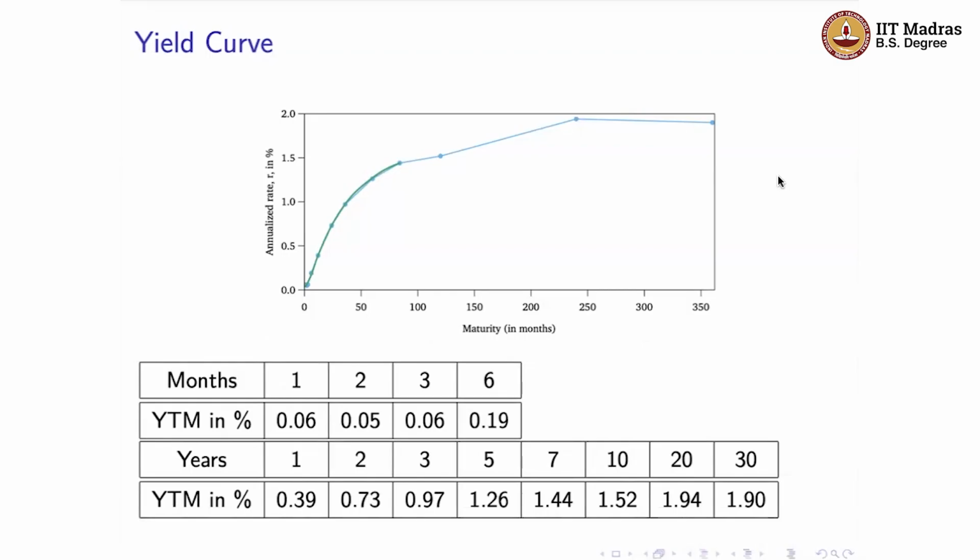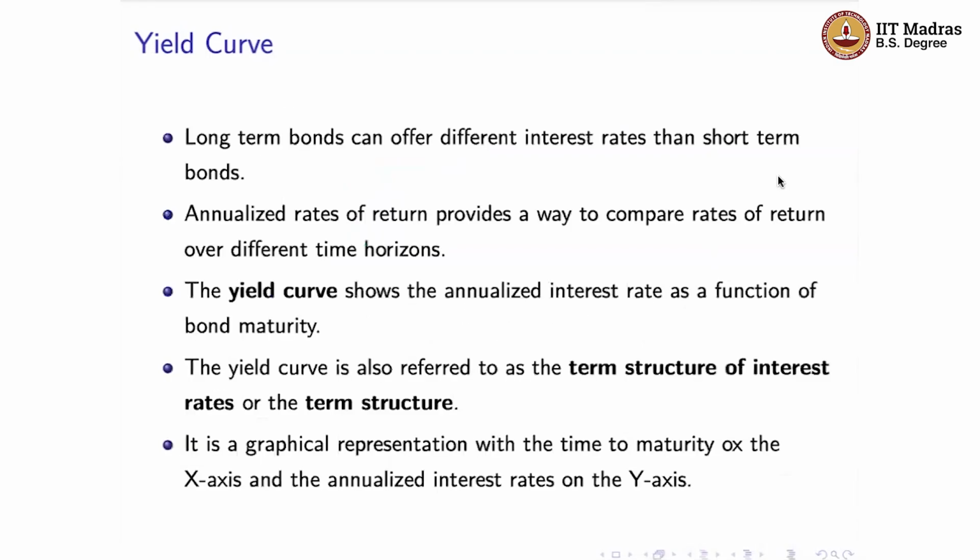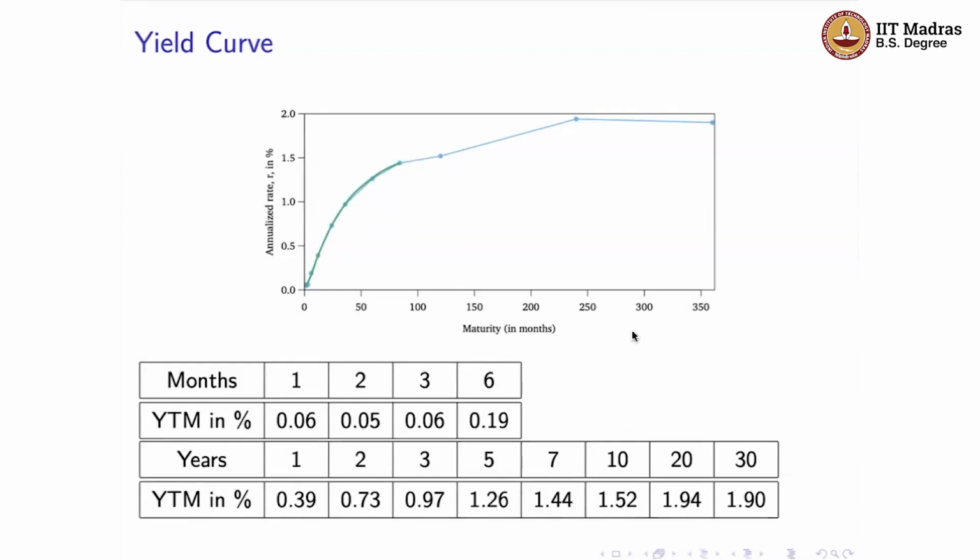So there's nothing specific about this. It's just that we are going to be using this for our illustration purposes. Remember, we said that on the x-axis, you are going to have time to maturity, measured here in months. And on the y-axis, you are going to have the annualized rate R in percentage terms.